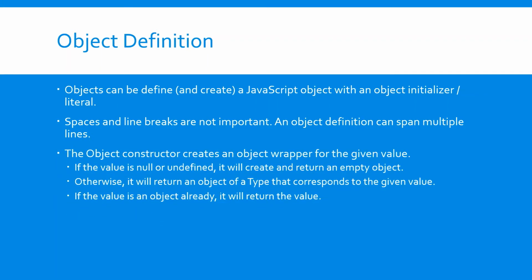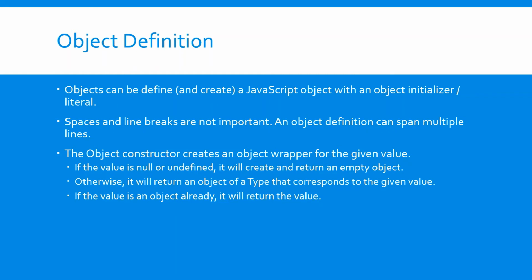The object constructor creates an object wrapper for the given value. If the value is null or undefined, it will create and return an empty object. Otherwise, it will return an object of a type that corresponds to the given value.